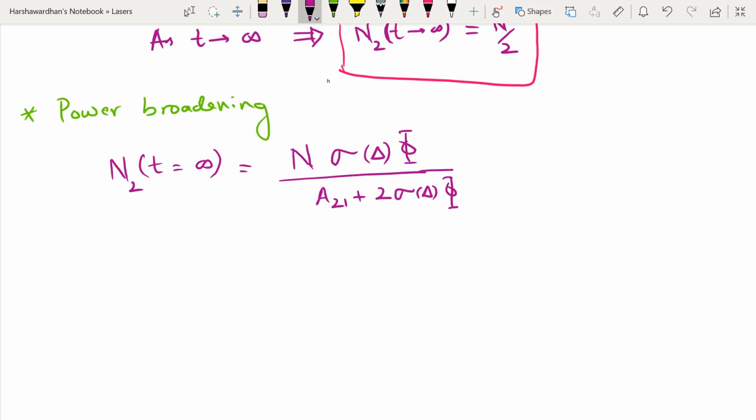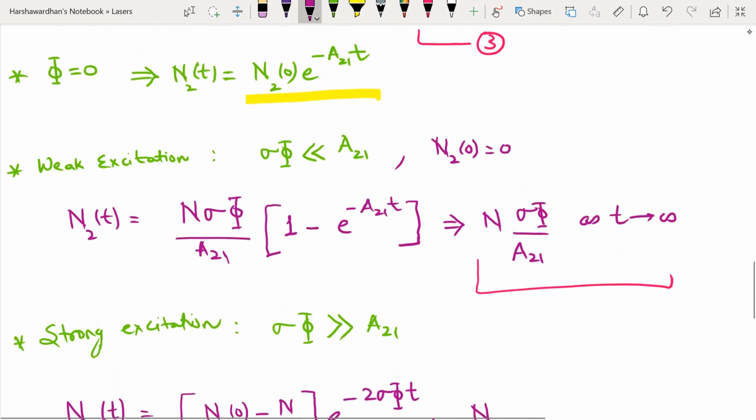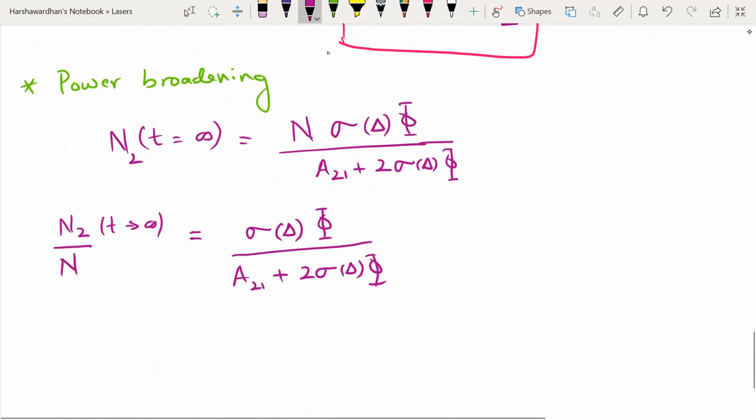I can rewrite the ratio of atoms in the excited state to the total number of atoms, N2 by N, as simply sigma, which is a function of the frequency difference, times the input photon flux, divided by A21 plus twice that. Now let us bring down the explicit form of sigma and multiply that by phi.